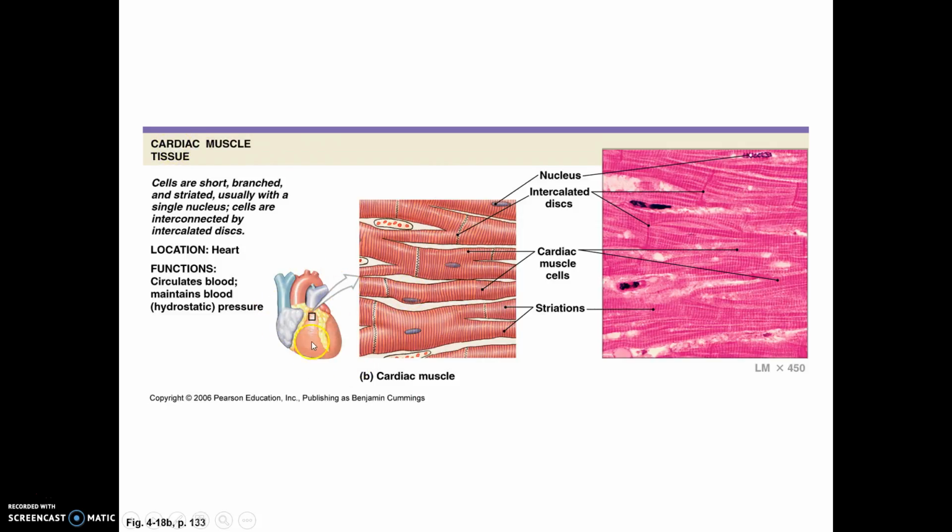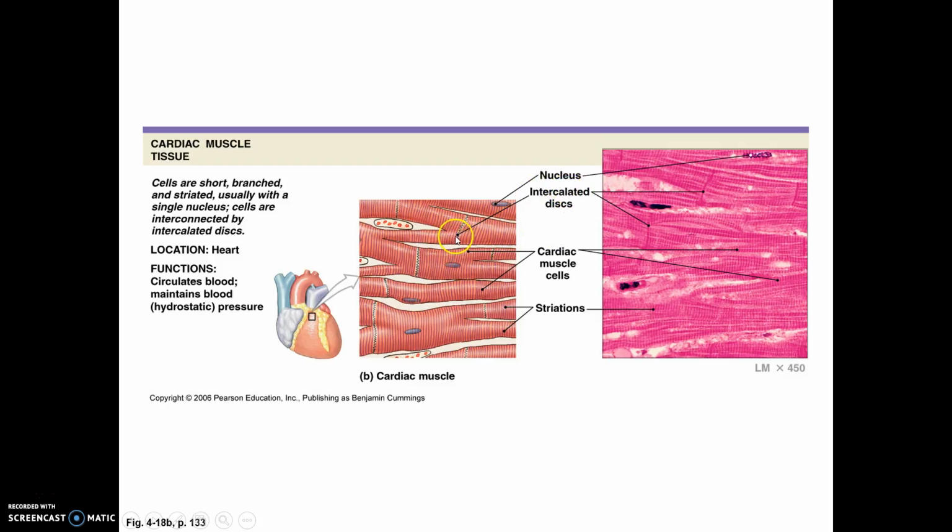In cardiac muscle, the individual cells are branched. They have a single central nucleus. They are striated, and they are striated with the same type of proteins that we find in skeletal muscle. One thing that really separates these from the other muscles is we have areas where two individual cardiac muscles come together, and they're called intercalated discs.